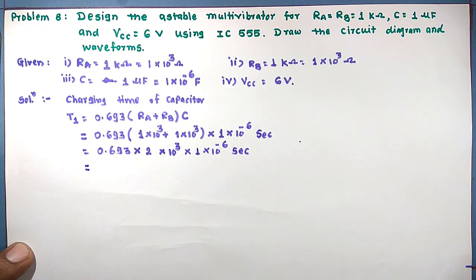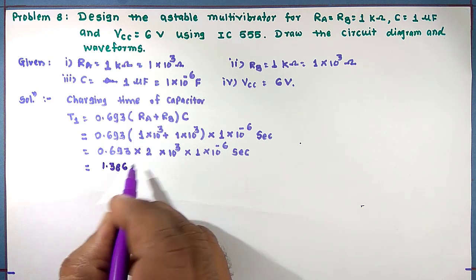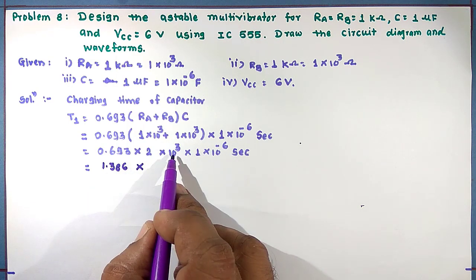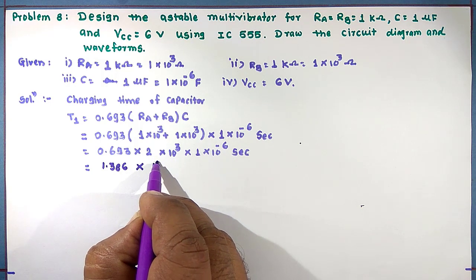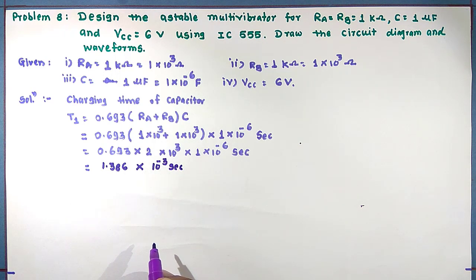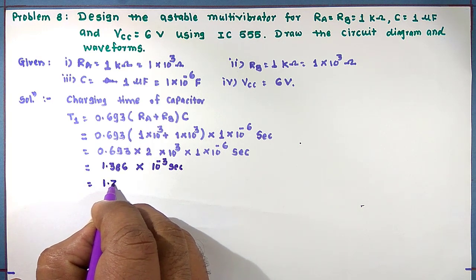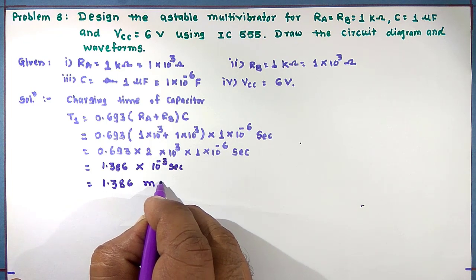So this comes out to be equal to 1.386 into 10 raised to minus 6 plus 3. Minus 6 plus 3 is 10 raised to minus 3 second. So this is equal to 1.386 millisecond.